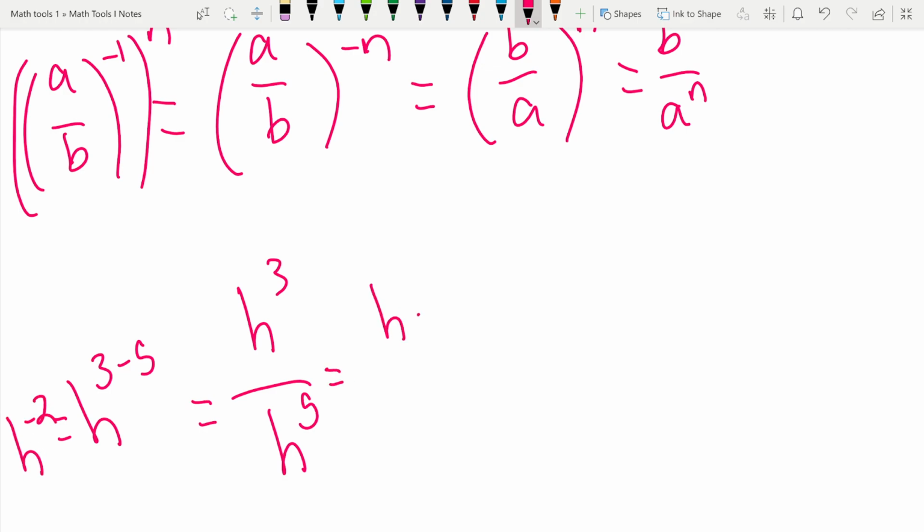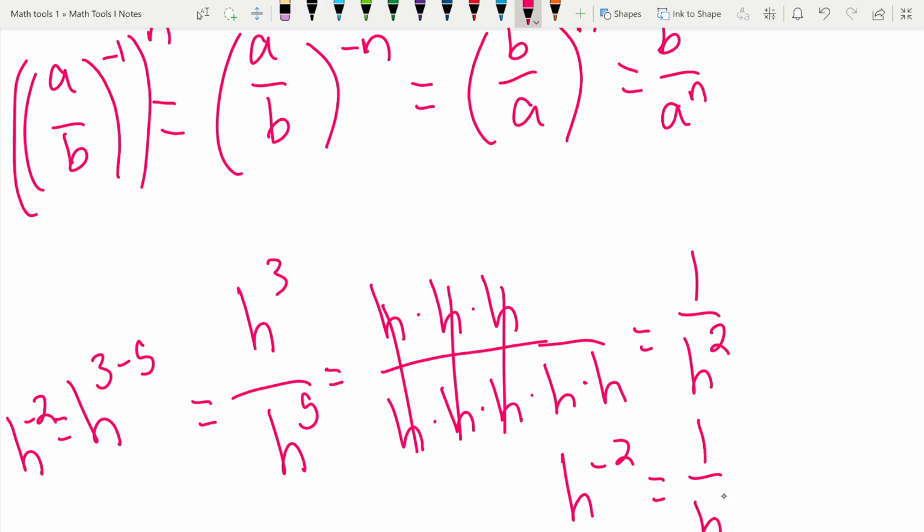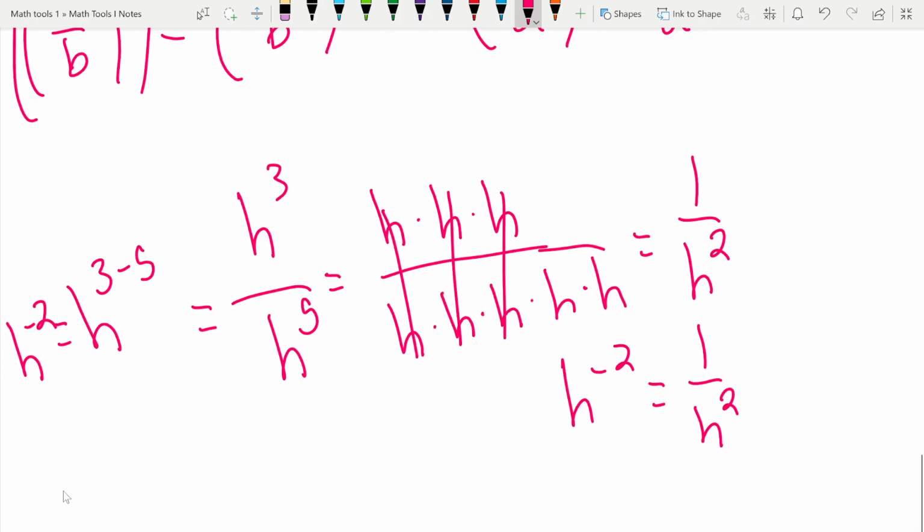And if we look at what this would be with everything canceling, then we have 3 copies of h canceling out, so we're left with 1 over h squared. So h to the negative 2 is equal to 1 over h squared. Again, the rules are all consistent with each other.